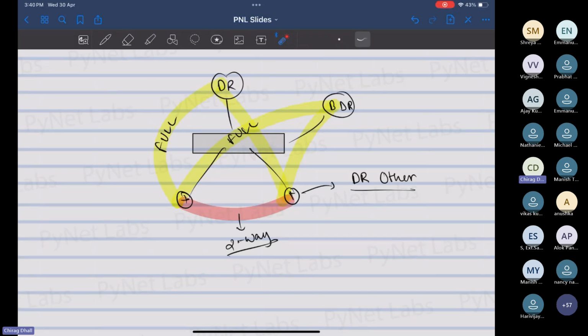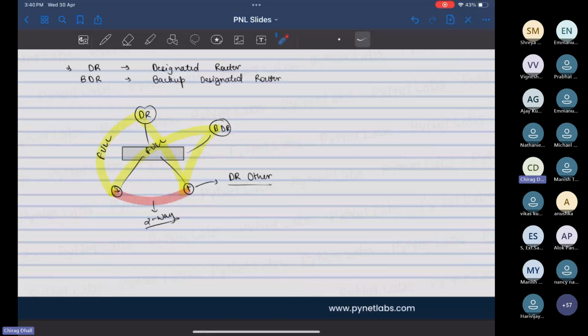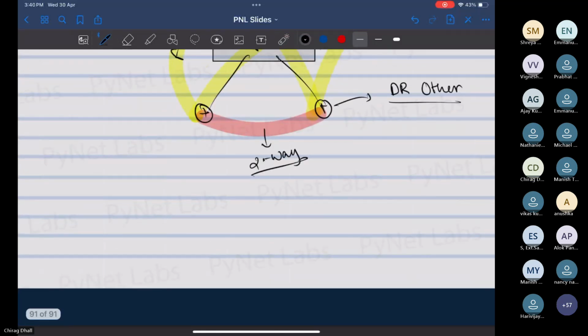Exactly, Pooja. Now the question is, who will become designated router and who will become backup designated router? Basically, what is the election process of this? The DR and BDR election depends on two things. One is priority value.